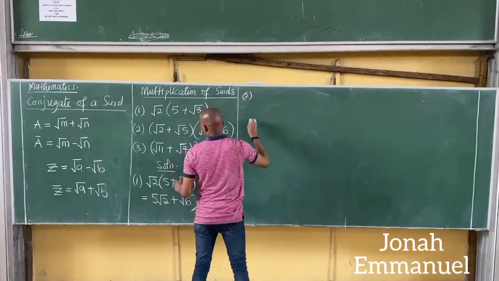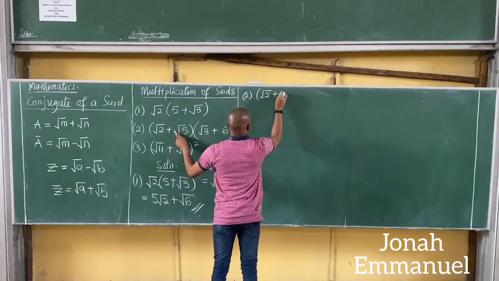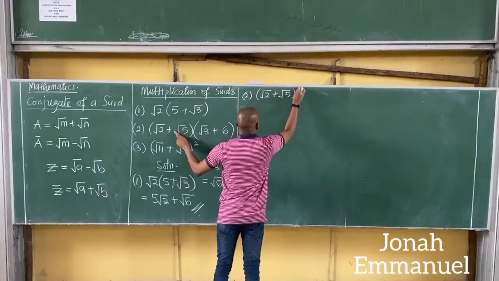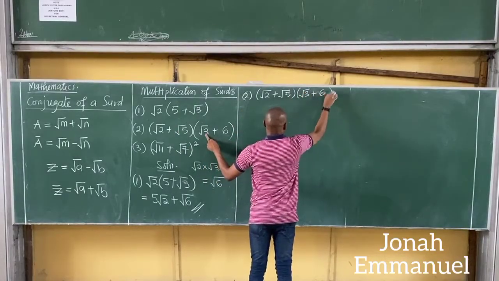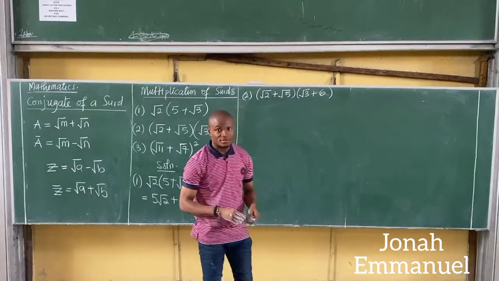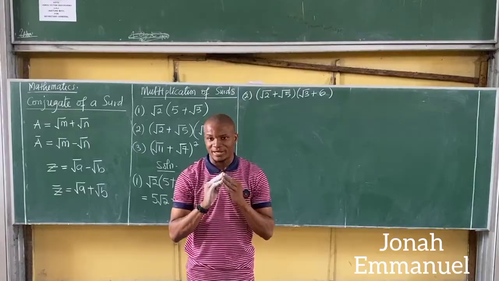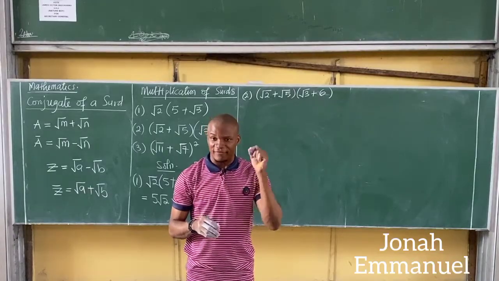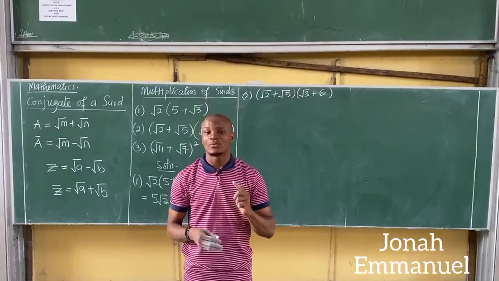Let's say I'm given root 2 plus root 5 into root 3 plus 6. I'm asked to multiply this. Now listen. Whenever you're asked to multiply terms in brackets, what do you do? Use the first term in the first bracket, multiply everything in the second bracket.